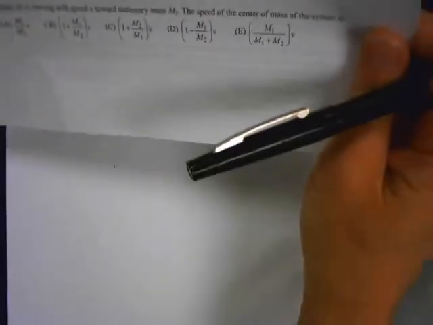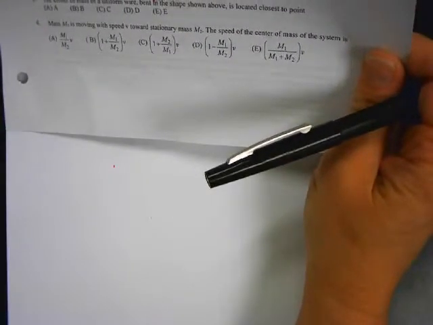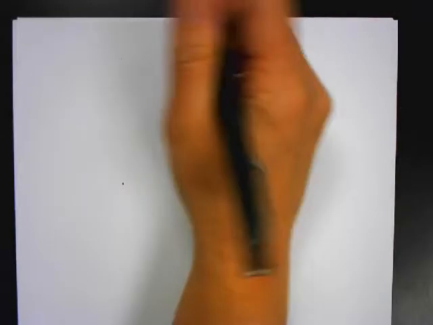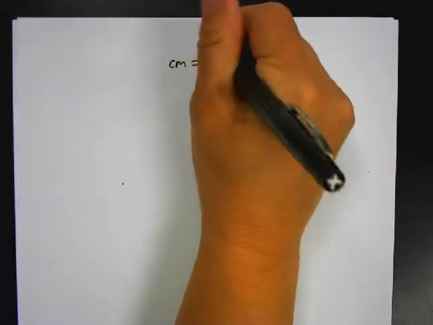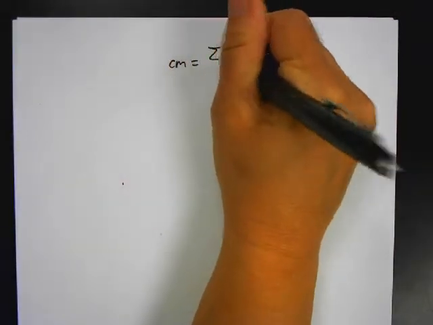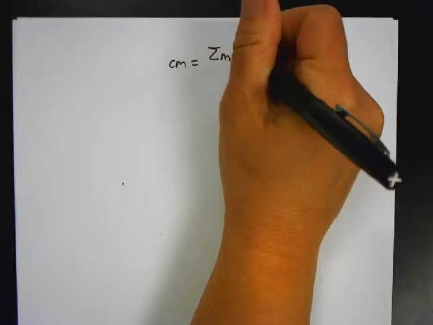So number 4, a mass is moving with the speed v towards a stationary mass. The speed of the center of mass is given as, so again, we're doing center of mass. The center of mass of anything, you add it up, so it's going to be m times that distance.